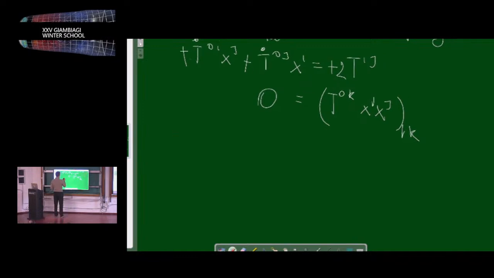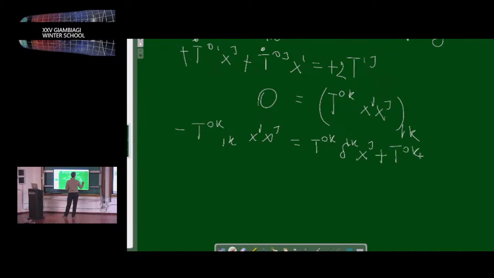Minus T0k,k xi xj. So I applied it here, I brought it to the other side, equal to T0k delta ik xj plus T0k xi delta jk. Okay?